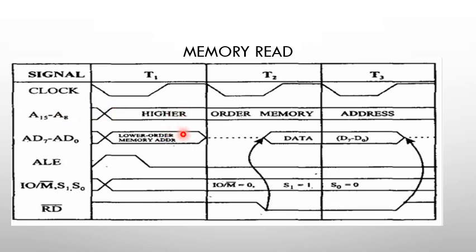Once the address is obtained, it has to read the data. So the data read is done during the T2 and T3 cycles. During the T1 cycle, the RD bar signal is high, and it goes low during the T2 and T3 cycles and the data is read. Clear with this?